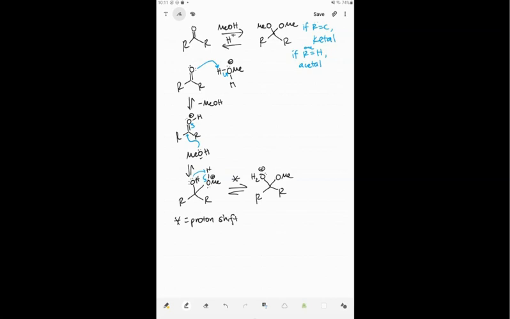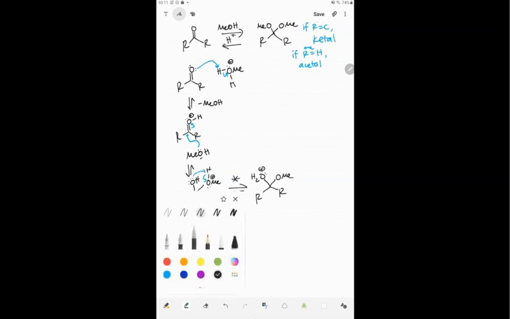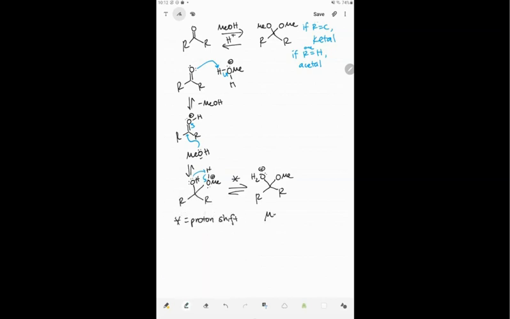What happens next, of course? Again, same thing happens. Here comes our good friend, the methanol. Kicks out our water, because now we have a good leaving group. Again, this is all reversible. Every single step here is reversible, so we could have just kicked off our methanol again, but that's not going to be productive.